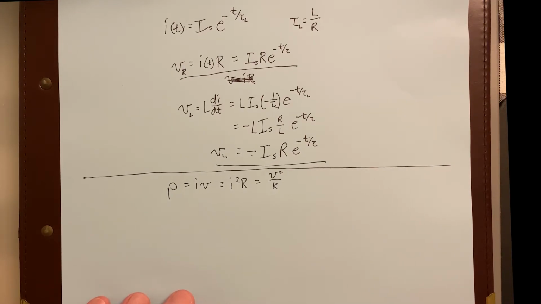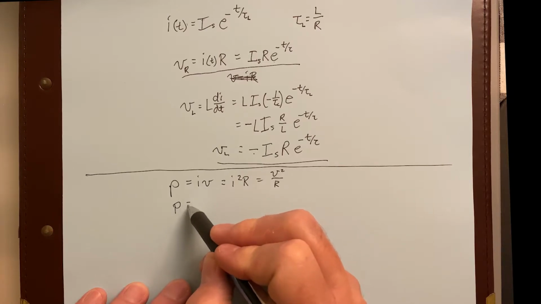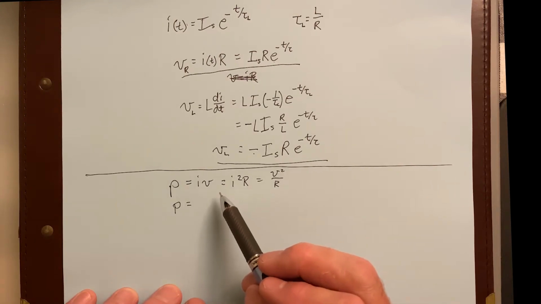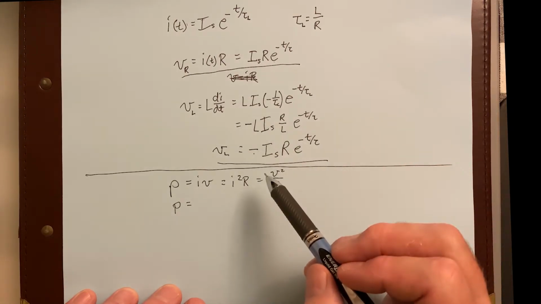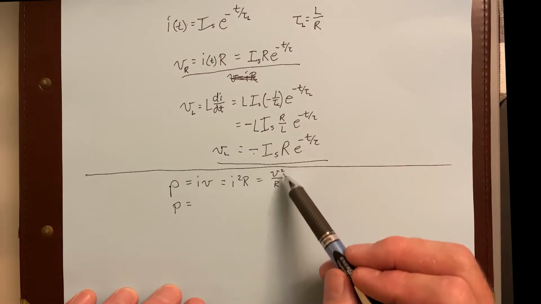We could use any of these to make a substitution. So this is the power, the rate at which energy is dissipated away by the resistor. So let's see. Let's take this one right here. Let's do V squared over R.